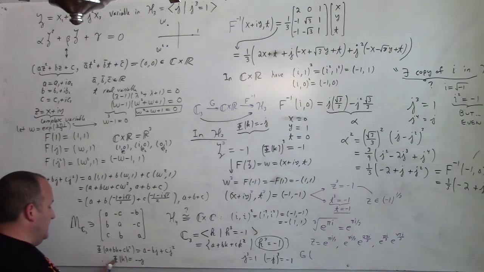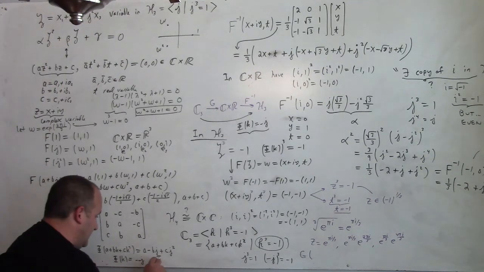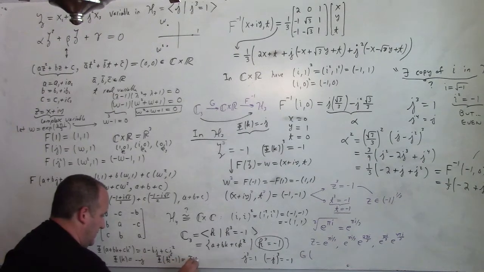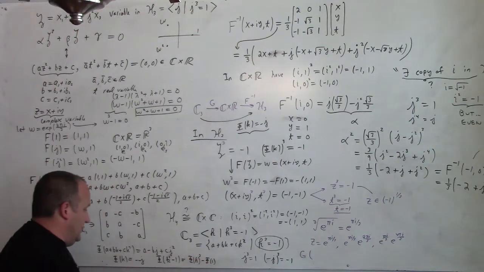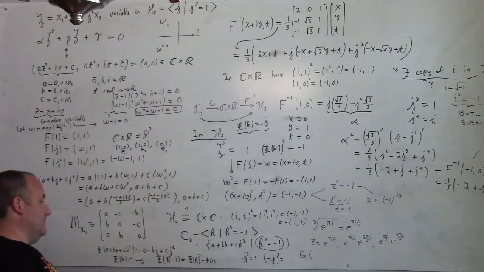So you can see that phi of k cubed minus 1 is phi of k cubed minus phi of 1. So we have phi of 1, and we have phi of k.